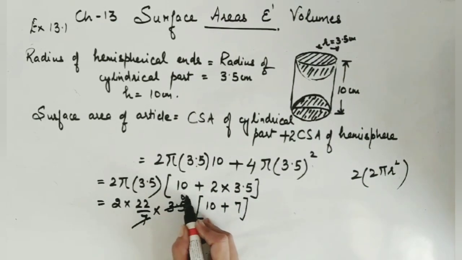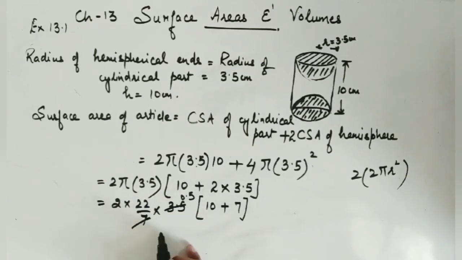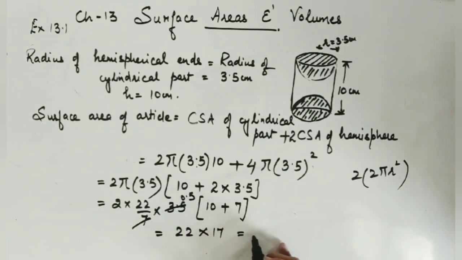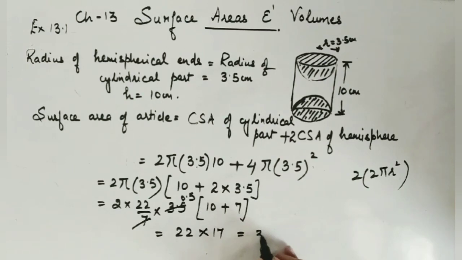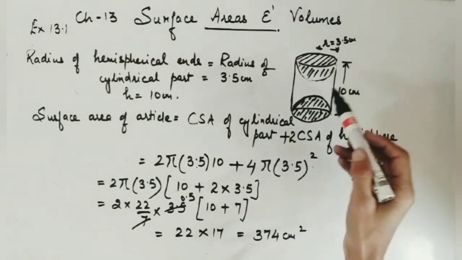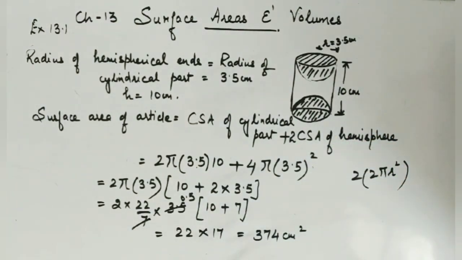Cancel this, this is 0.5. The product of these with 0.5 would be 22 into their sum, which is 17, and the product of both will be 374. So this is the total surface area of the solid of this article once the hemispherical ends are taken out. I'm sure this must be clear to everyone.